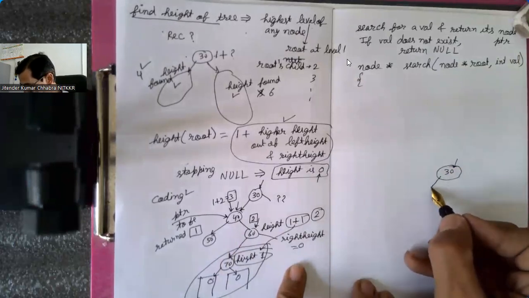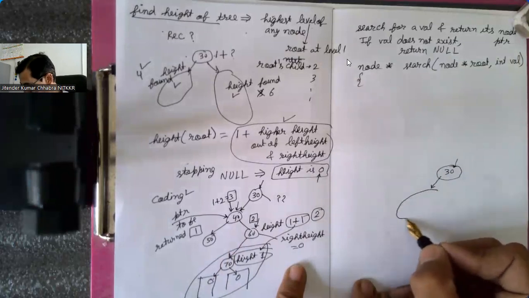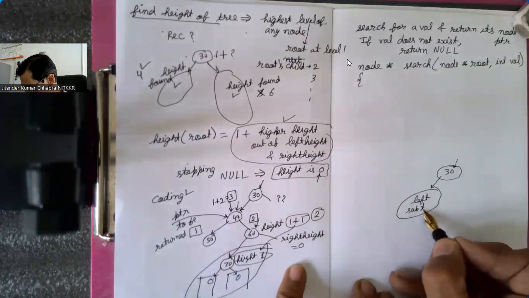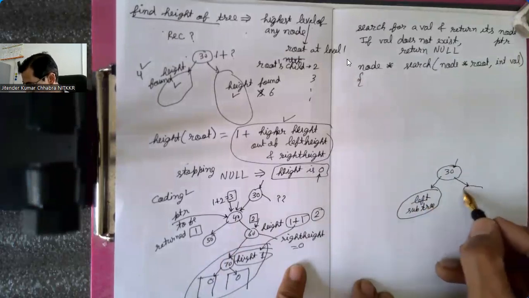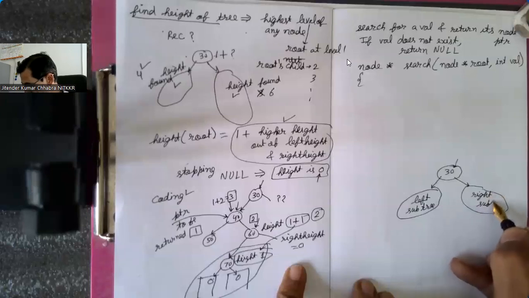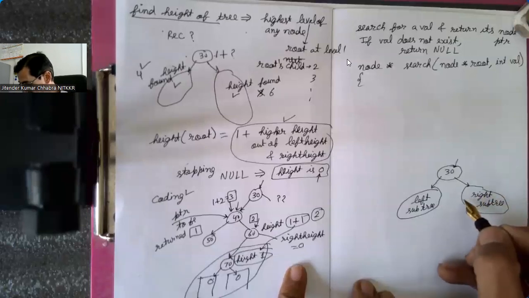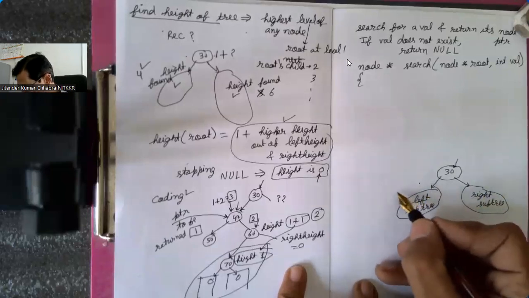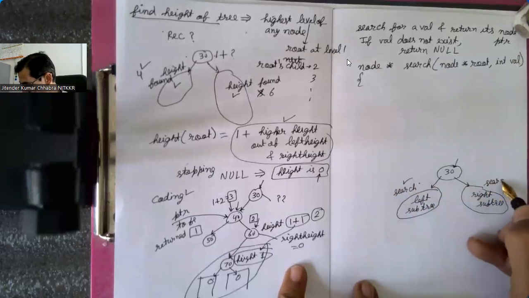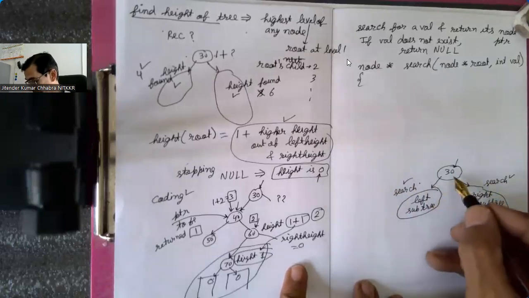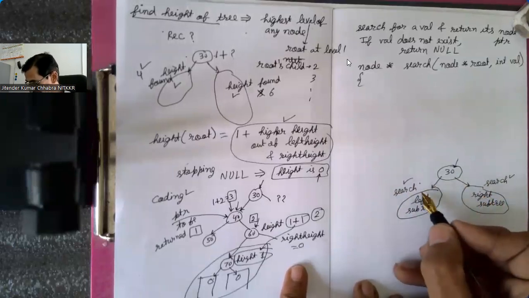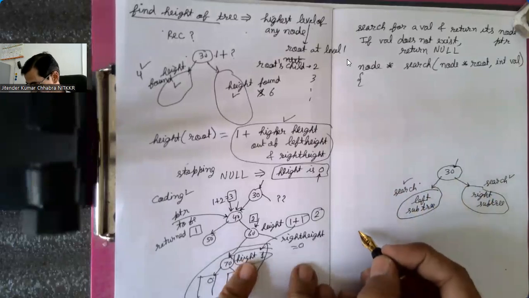If I am searching for something other than 30, it could exist in the left subtree or in the right subtree. If it exists in the left subtree or right subtree, it is found. If it doesn't exist here, search can be recursively called on the subtrees if it was non-30, and otherwise I will say fine, done. So recursion is useful, recursive definition.